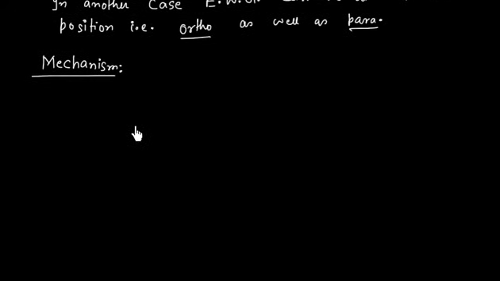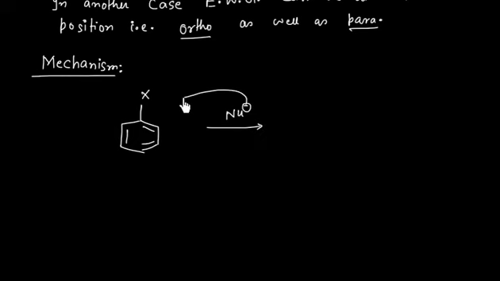So what happens? When a nucleophile attacks on this carbon, at the same time this electron pair comes here.